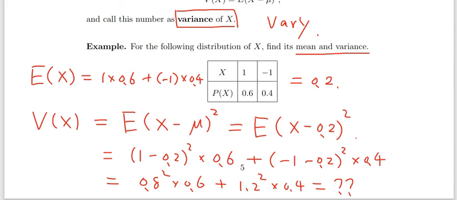Okay, so in this class, we introduce this notion, distribution. Distribution is just listing all cases, right? So x can be this case, or this number, that number, and also the probabilities for each case.